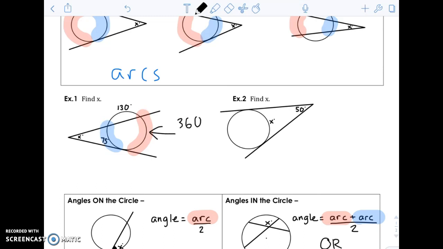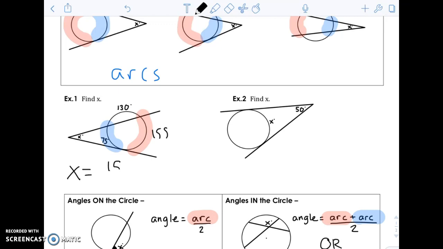Start with 360, take away 130, take away 75, and you're going to be left with 155 degrees.